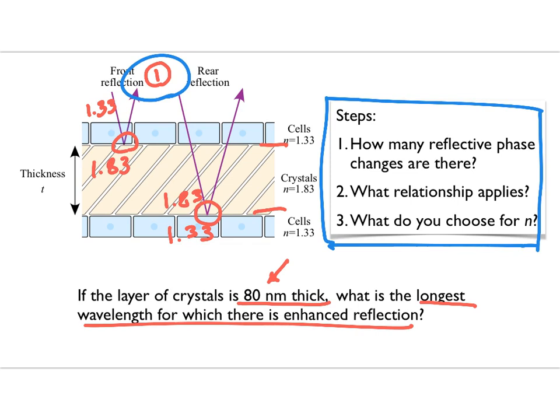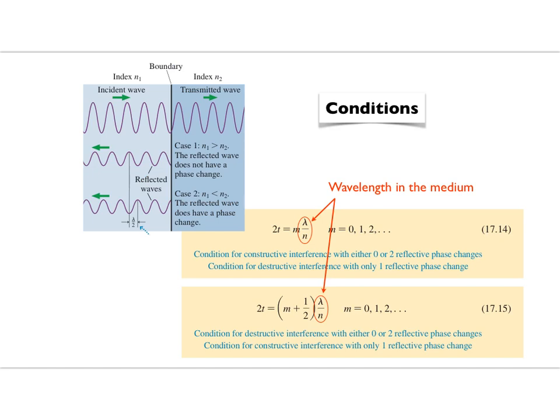And we want to look for enhanced reflection. Enhanced reflection means I want constructive interference between these 2 different reflections. So constructive interference, 1 reflective phase change. Which relationship do I choose? Well, I'm looking for 1 reflective phase change, and I want constructive interference.